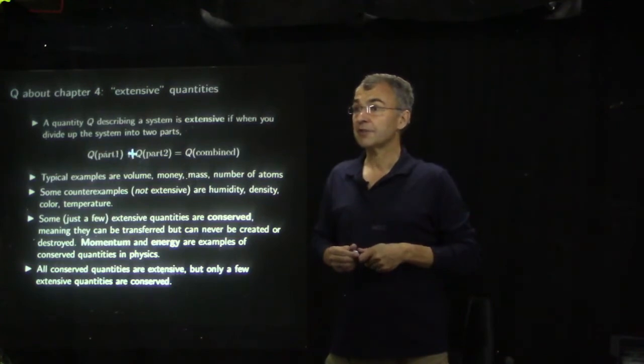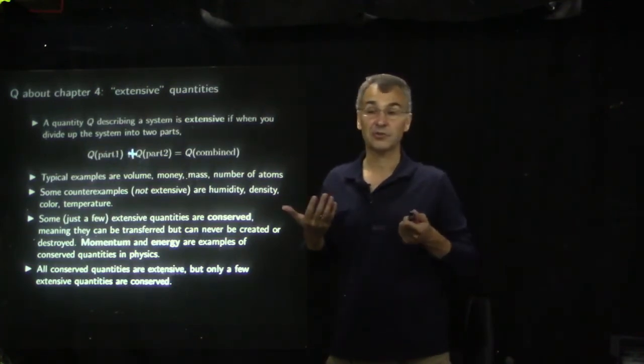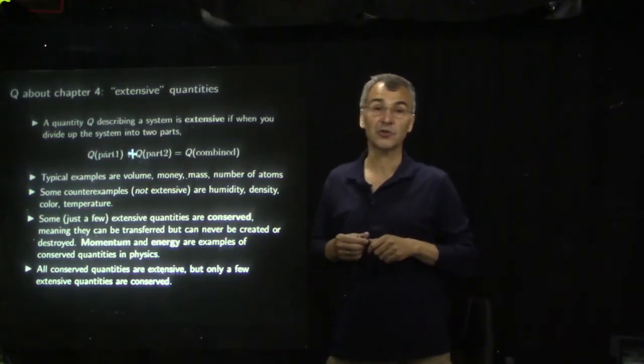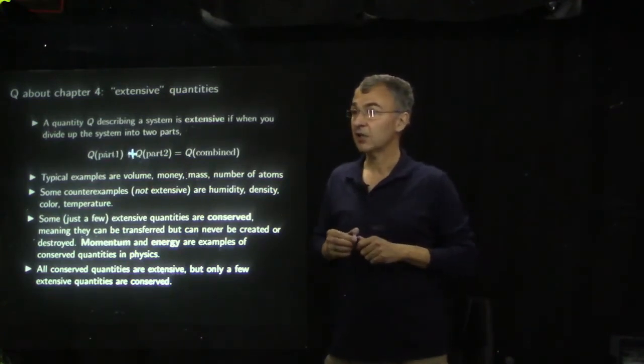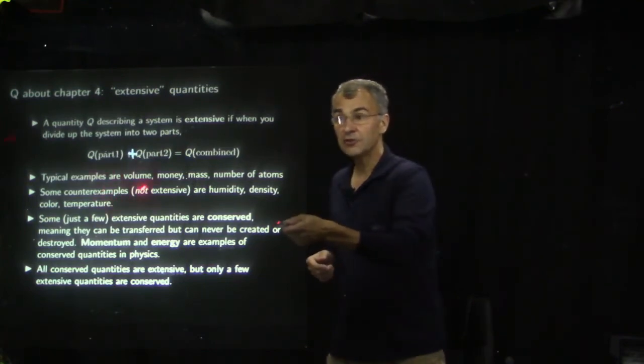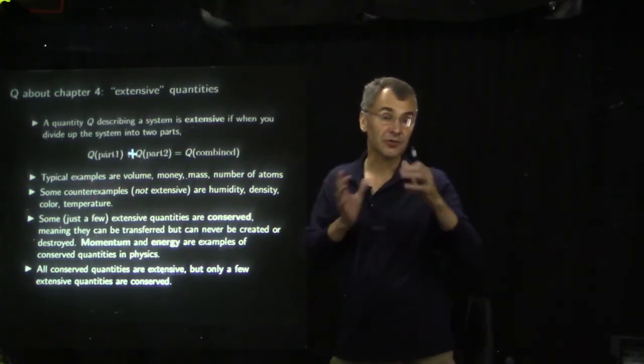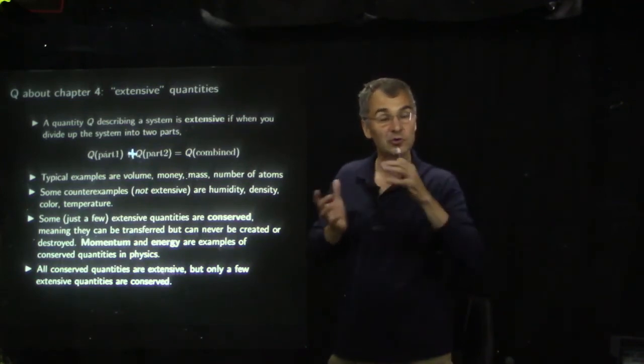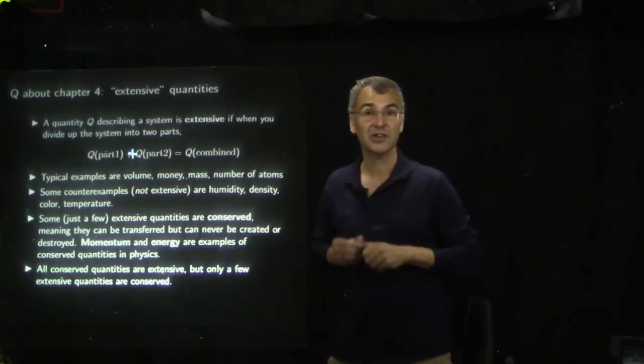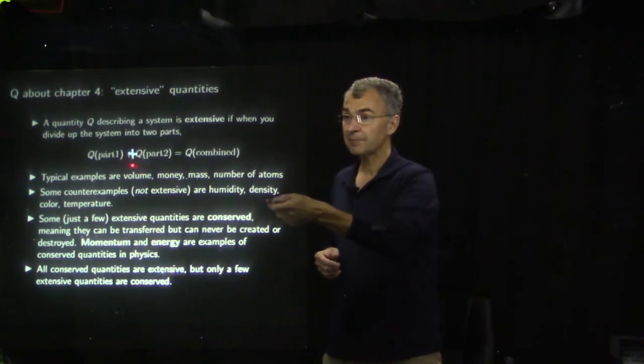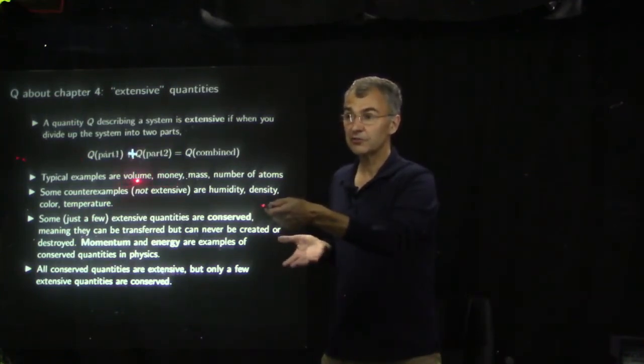So a lot of things have this property, like the mass of stuff, as long as there's no nuclear reaction happening. Or it's often true of the volume of stuff, although that can sometimes not be true if there's a chemical reaction that causes volumes to change. But it's usually true of volume.